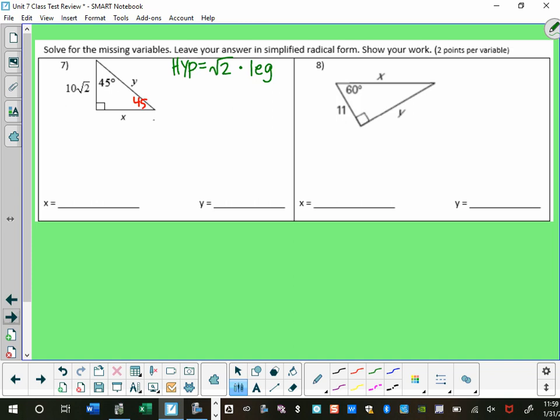That's on your card. A lot of the kids are forgetting the radical, and that's changing the answers. Don't forget that radical there.